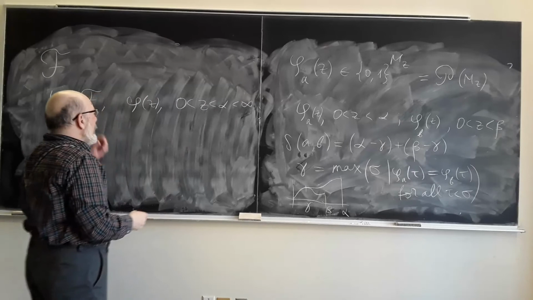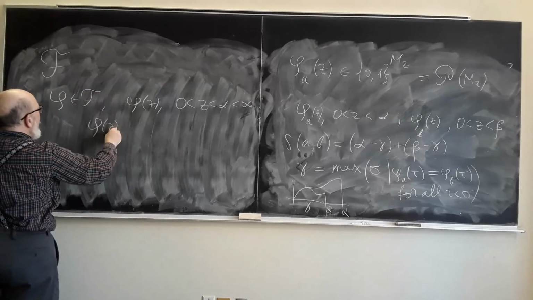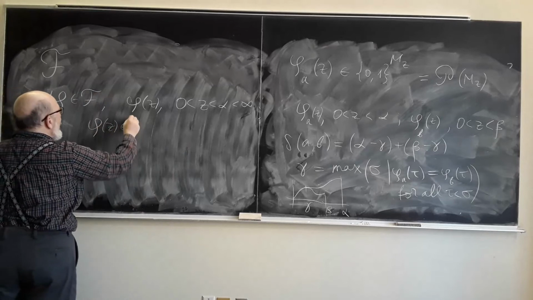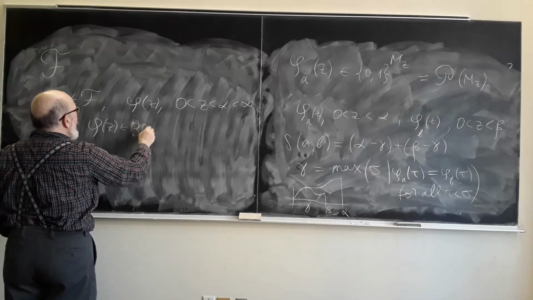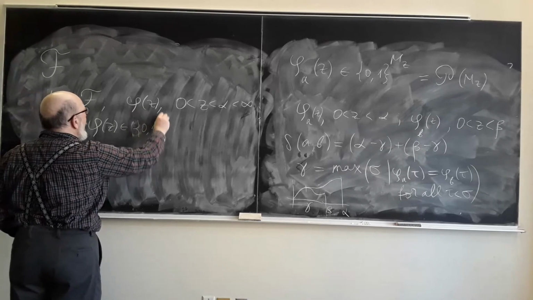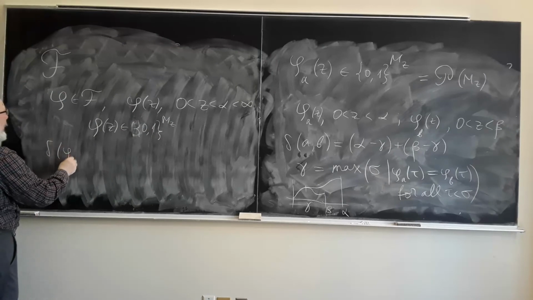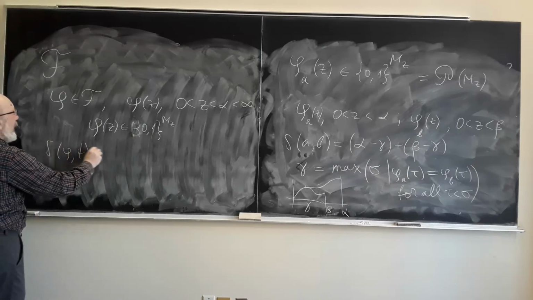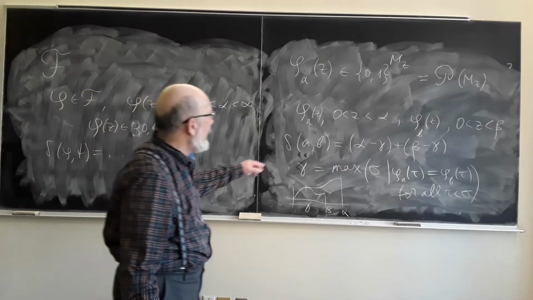It is a real number z, and phi of z takes value in {0, 1} to the power MZ, with distance delta between phi and psi given by the formula which is here.